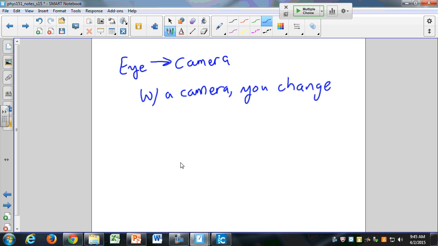So we have three things with an optical system. We have the object distance, we have the focal length of the lens, and we have the image distance. With a camera, what do you change? No, not the focal length. I mean, you can change the focal length of a camera, but you have to take the lens out and put in a new lens. So that's really the only way you can change the focal length of a camera.